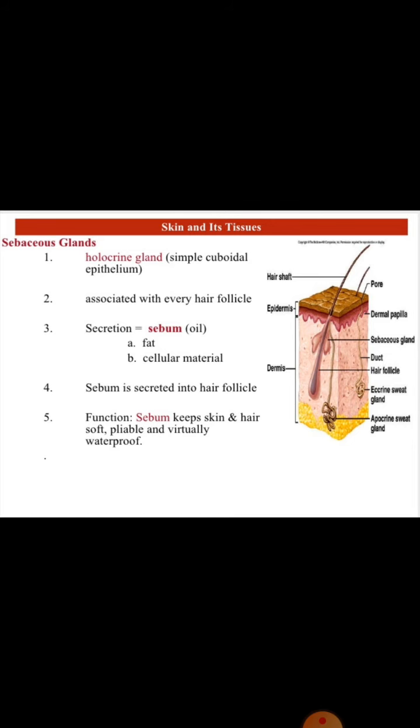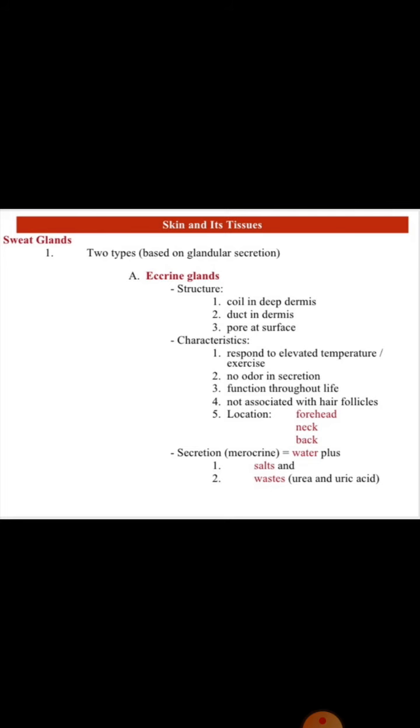What do they secrete? They secrete sebum, that is oil, that is basically fat or cellular material. Then sebum is secreted into hair follicles. The sebum, our oil, is secreted into hair follicles. What is the function of sebum? It keeps the skin and hair soft, pliable and virtually waterproof.